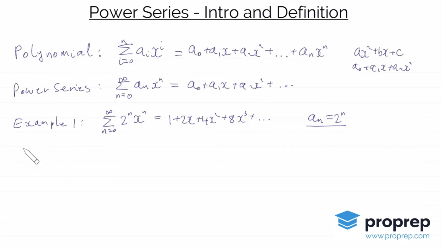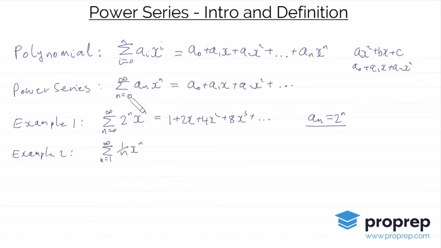Let's give another example, and this one will be example 2, of course. This time I'll take the sum of 1 over n, x to the n, only I can't take it from 0 to infinity, because when n is 0, we would be dividing by 0, so we'll take it just from 1 to infinity. And that's another thing.